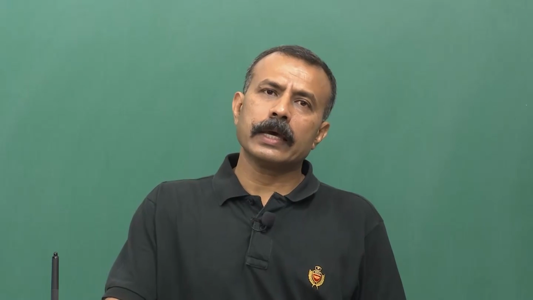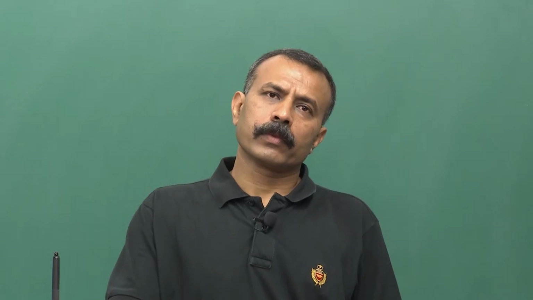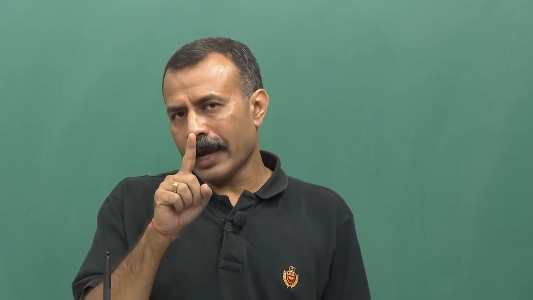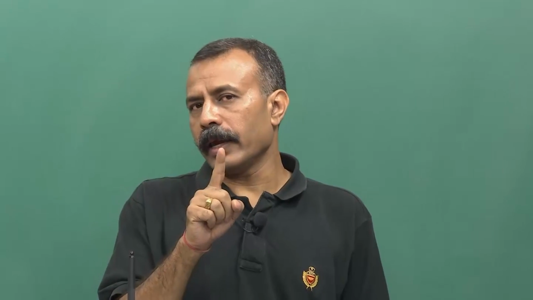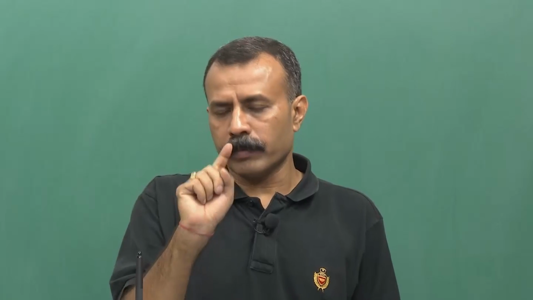So, to start with twitch, what really is the definition of twitch? Twitch is essentially a contraction of the muscle which you can physically see, which happens with a small delay, and that delay is because of electrical impulse. If you remember, in the last class we talked in depth about it.